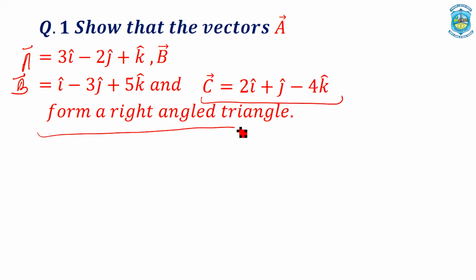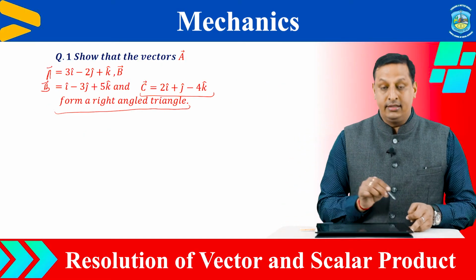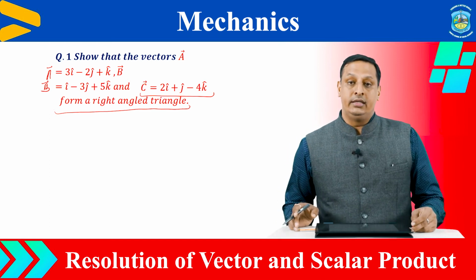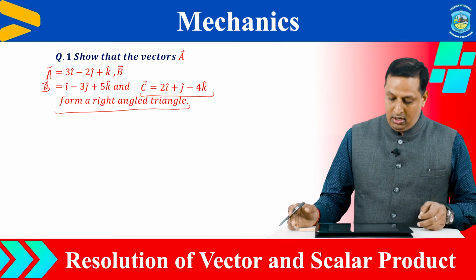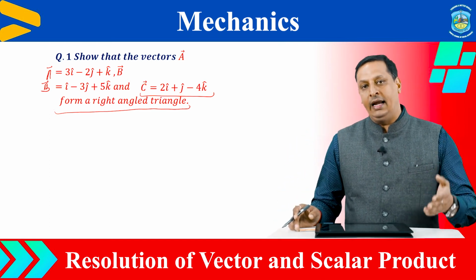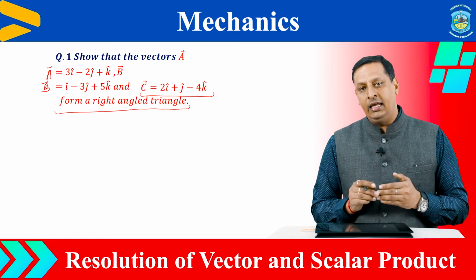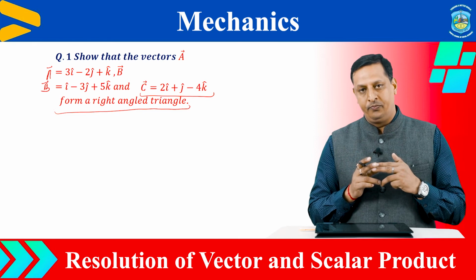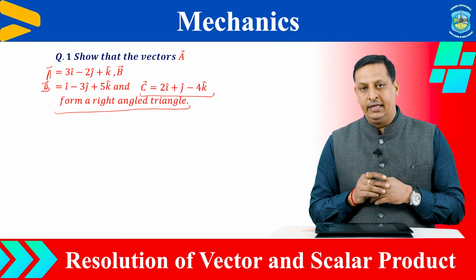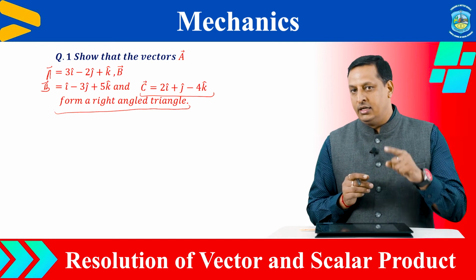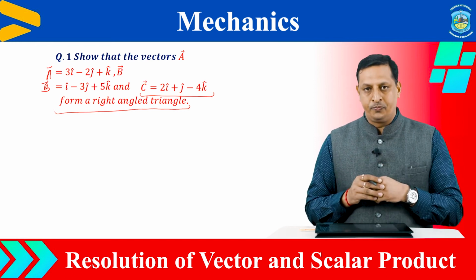They form a right-angled triangle. So, here we are given three vectors, and what we have to prove is they are forming a right-angled triangle. First of all, if they are forming a right-angled triangle, then the angle between any two vectors should be 90 degrees, meaning the dot product between these two vectors should be equal to 0.